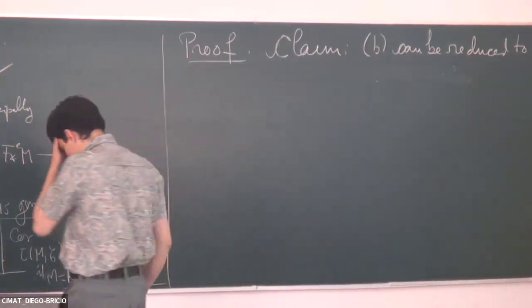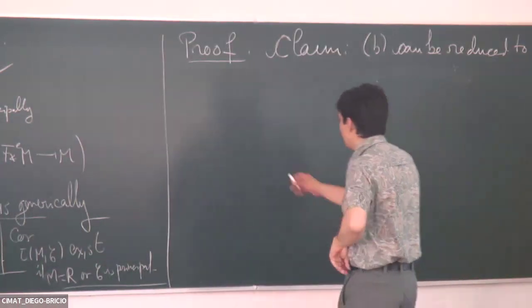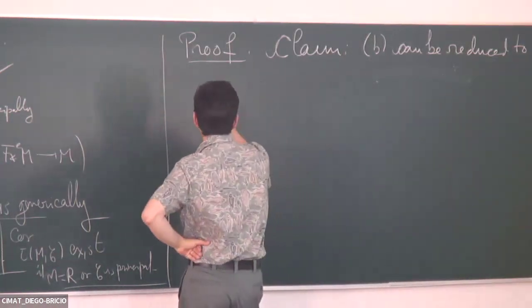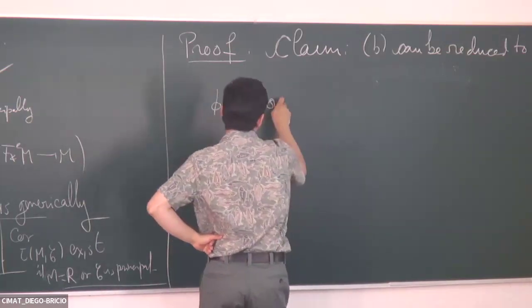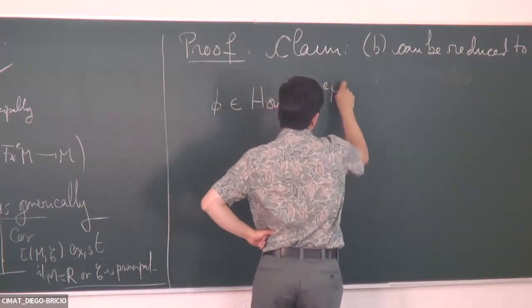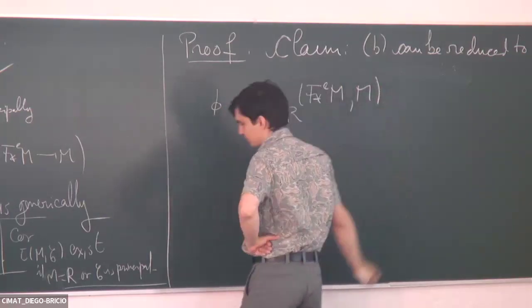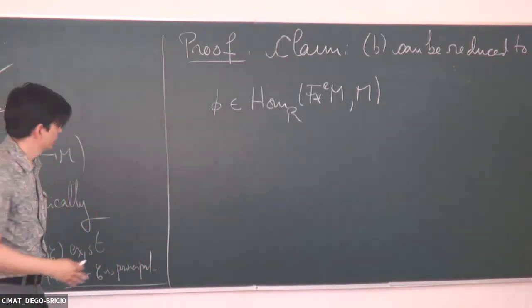So how does it work? Let's look at the hypothesis B. It means that we have phi in here, right? This is the Cartier module structure. But n is 3.